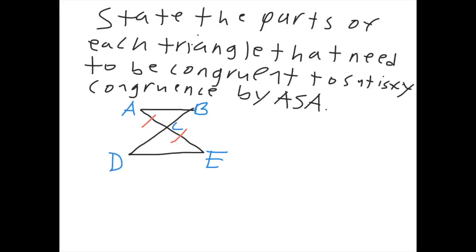So we know ACB and DCE are congruent. So we have an angle that's congruent, and we have a side that's congruent. So an angle and a side, we need a third angle. And it has to be the other angle that is touching the side in the middle. So if an angle here and a side here, the other angle this side is touching is this one right here, angle E.